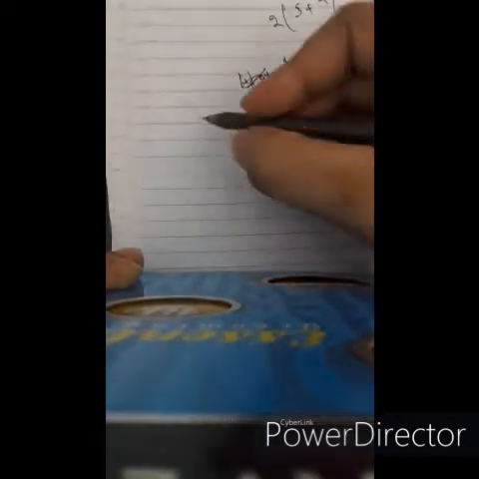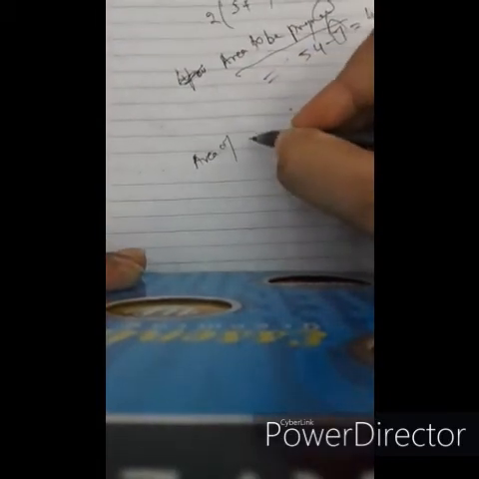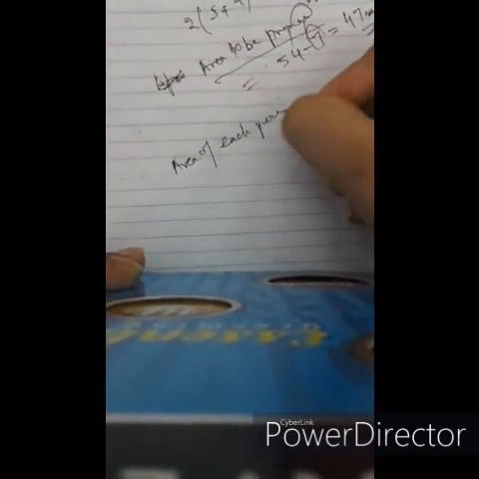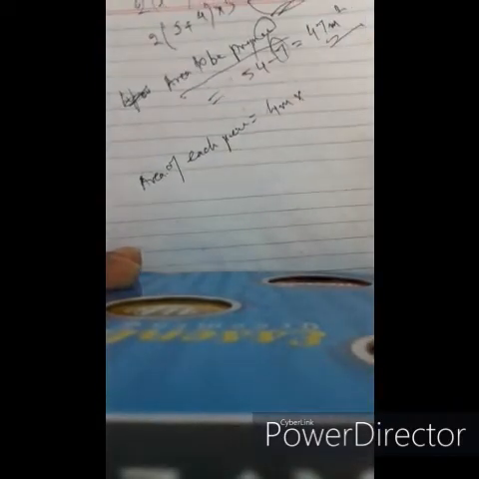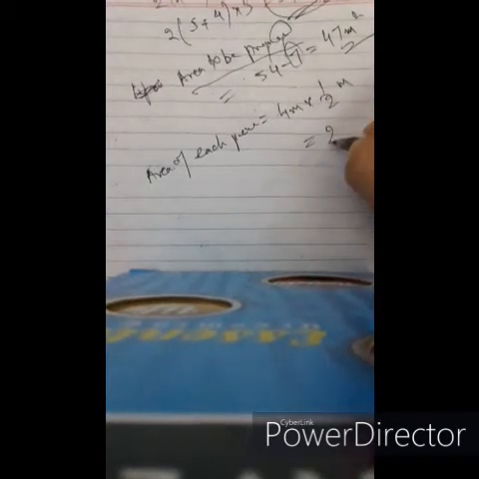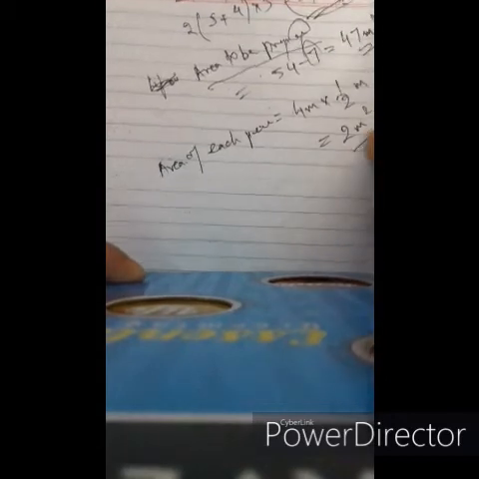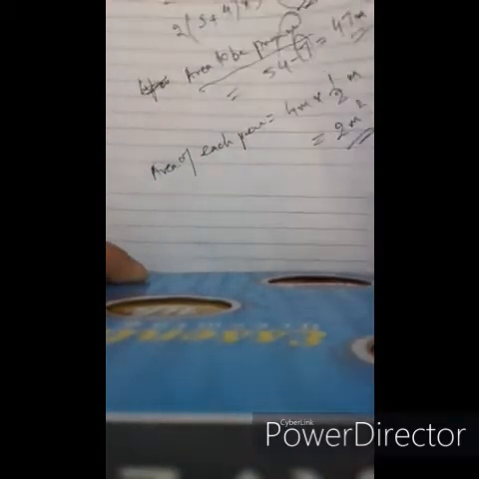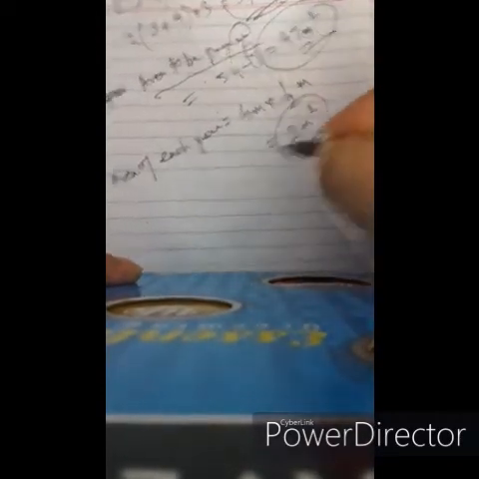So the area of each piece of paper came out to be 4 meter times 50 centimeters, which is half meter, that is 2 meters square. So the number of pieces required is total area to be prepared divided by 2, the area of each piece.